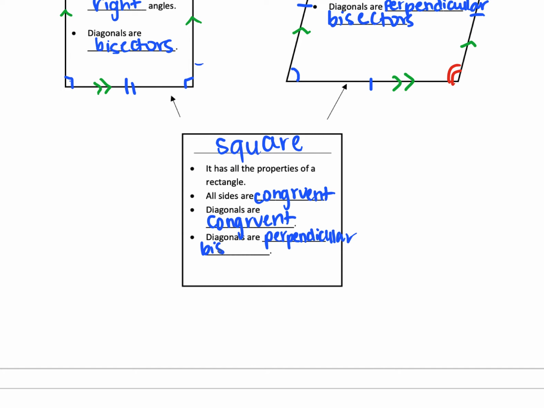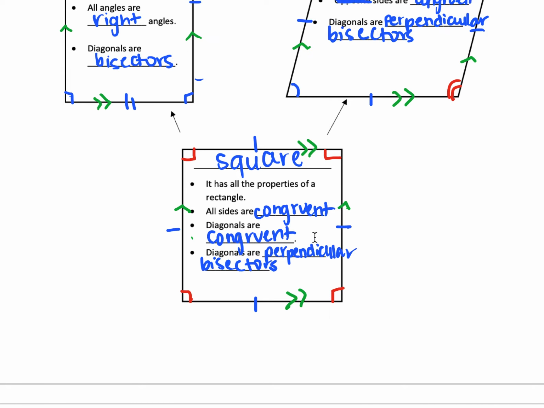So since it has all of the same properties of a rectangle, it will have opposite sides congruent, but all sides are going to be congruent to one another here. Opposite sides will be parallel, and then all the angle measures will be right angles. And then as we just saw, the diagonals will be perpendicular bisectors. So we'll see that on the next page.